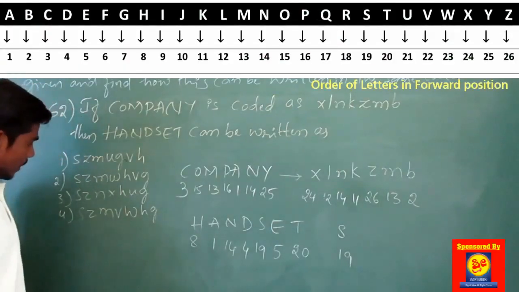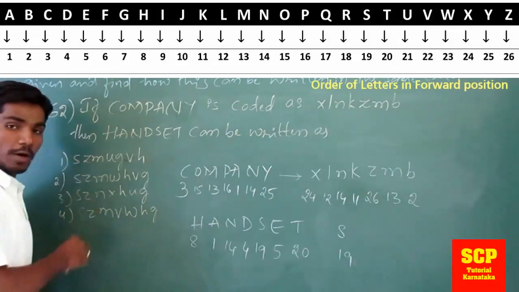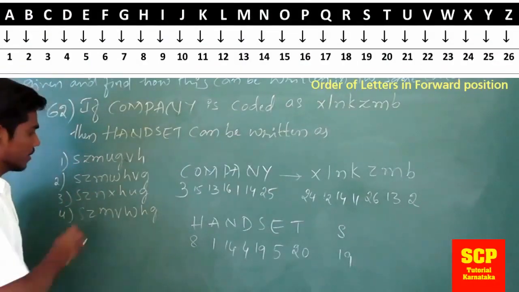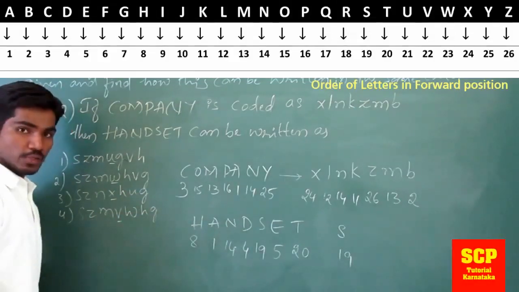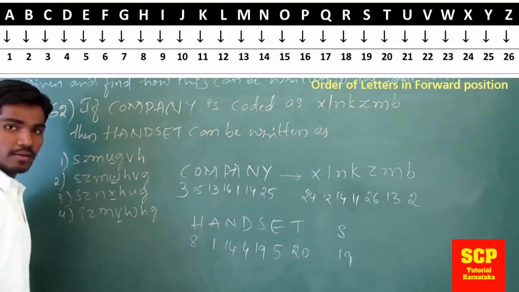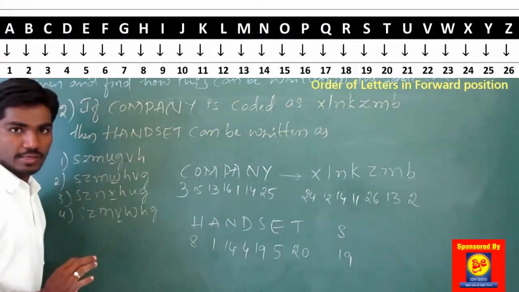Friends, if you observe, the fourth letter in these 4 options are different. That is U, W, X and V. So if I get the fourth letter correctly, that option I will consider as the right answer.